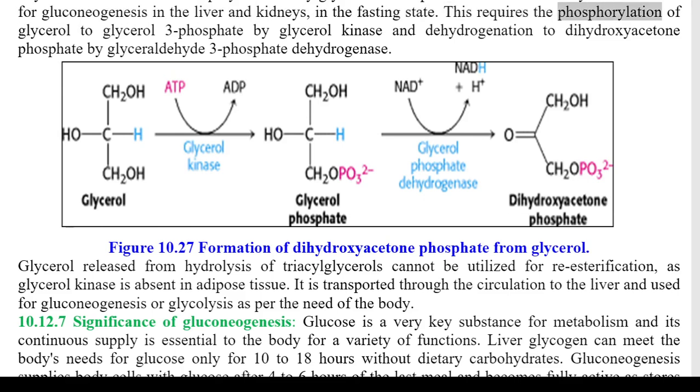This requires the phosphorylation of glycerol to glycerol 3-phosphate by glycerol kinase and dehydrogenation to dihydroxyacetone phosphate by glycerol 3-phosphate dehydrogenase. Figure 10.27 Formation of dihydroxyacetone phosphate from glycerol.